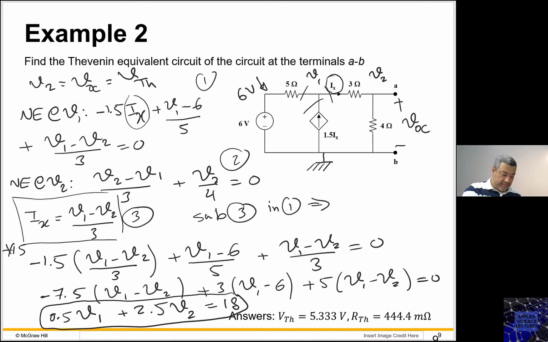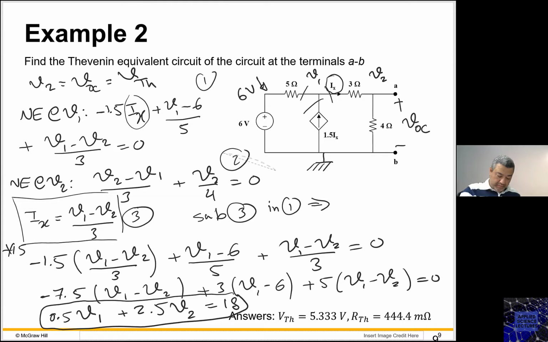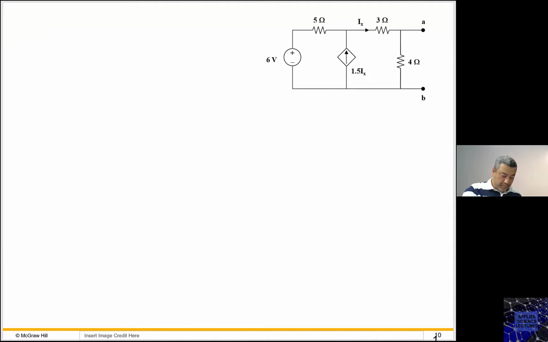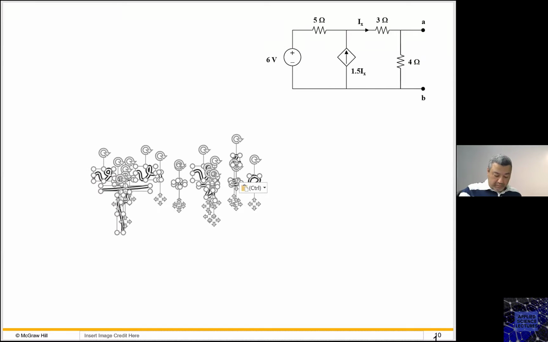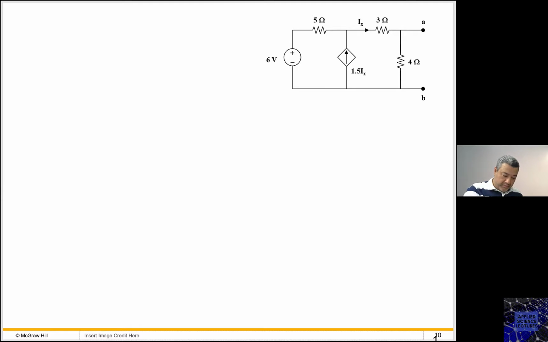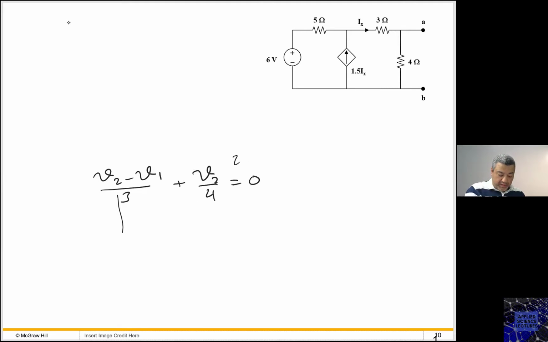The second equation: if you multiply by 12, you get 4 V2 minus V1 plus 3 V2 equals 0.